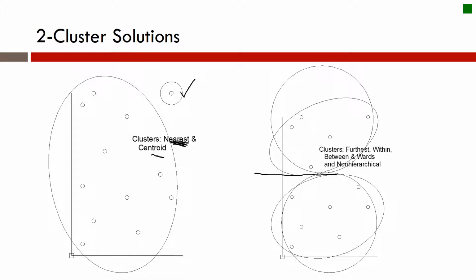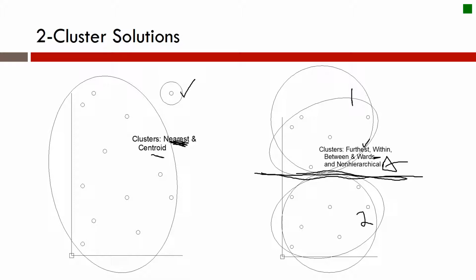Rather, when we went with a two cluster solution, if we chose the furthest within between, the Ward's method, or a non-hierarchical method as opposed to a hierarchical method, those methods would reveal this type of a solution where we have one clear cluster up here and then a second clear cluster down here, and they're definable and usable.